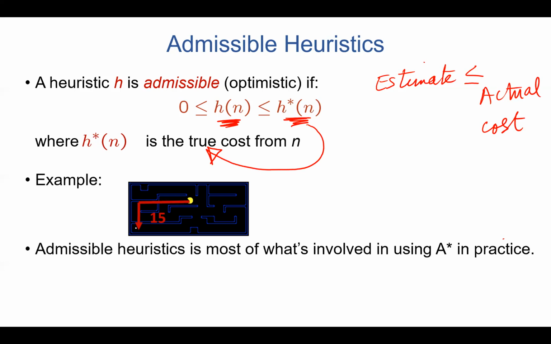So we'll look at it using an example. Once again, admissible heuristic. Admissible heuristic is what is mostly involved in the research and development based on A-star search. We'll have to make sure that our heuristic is admissible.